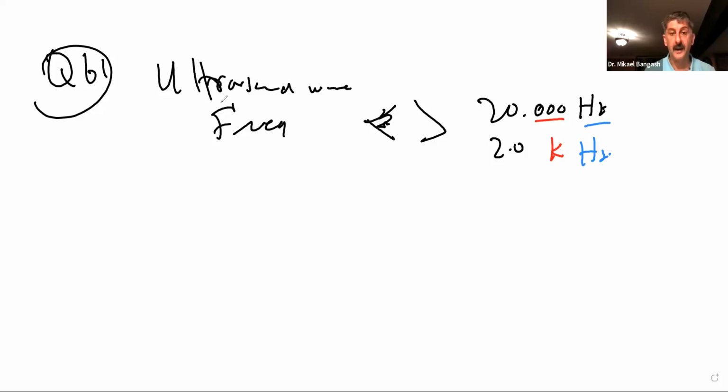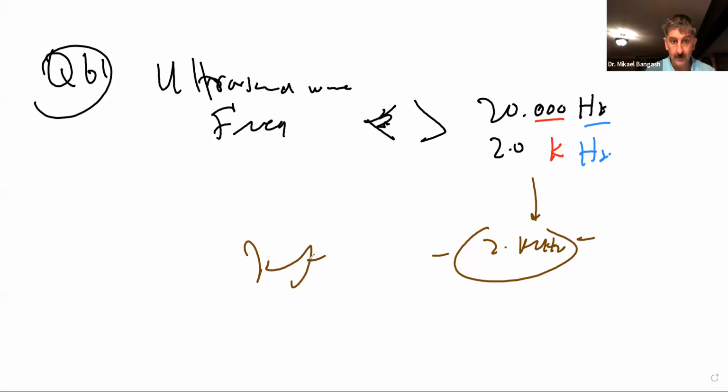Now, when we go very high up on that scale, 2 megahertz is where our imaging ultrasound wave starts, because that is the minimum range of the ultrasound sound waves that we use for ultrasound imaging. Clear?